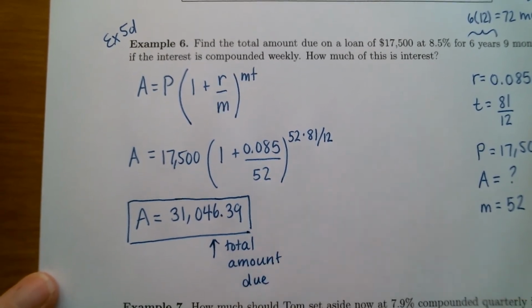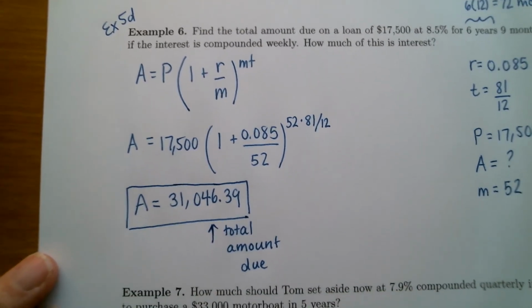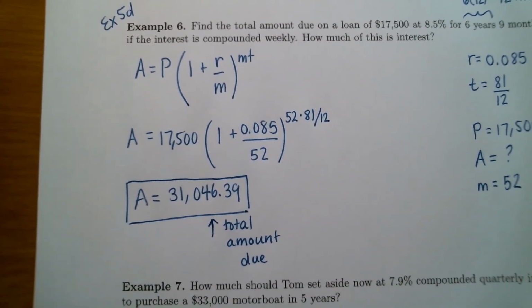That's the first part of the question. The second part of the question asks how much of this is interest. The only thing we've done prior to this is simple interest, and we know that I equals PRT for simple interest, but this is not a simple interest problem. So you cannot do I equals PRT here.